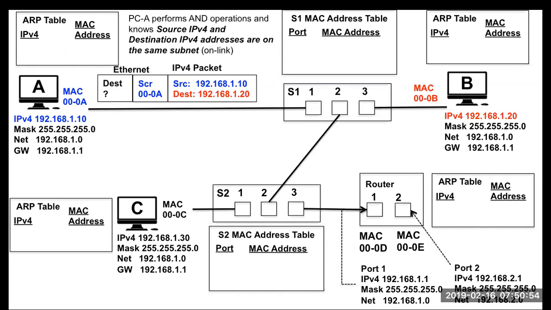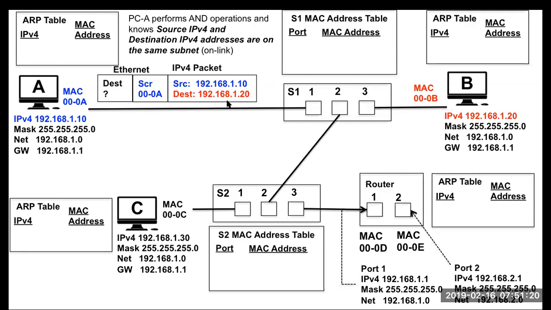Well, the first thing that PCA needs to determine is, am I, 192.168.1.10, on the same network as this destination IPv4 address? And the way it determines that is it takes its own source IPv4 address, does an AND operation with its own subnet mask, and determines what network it belongs to.